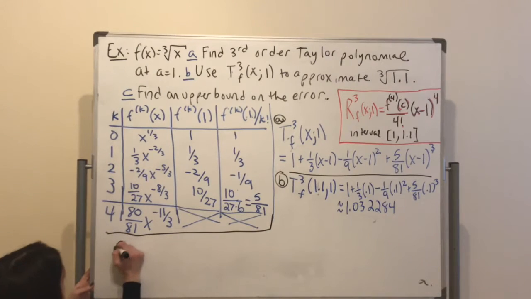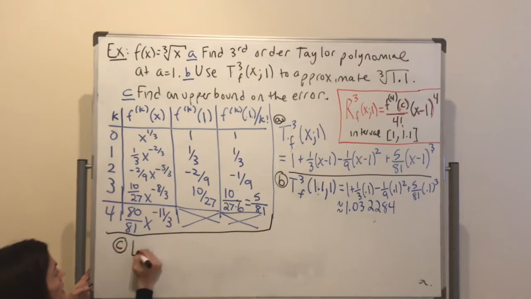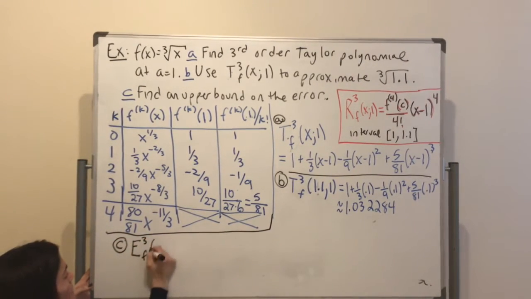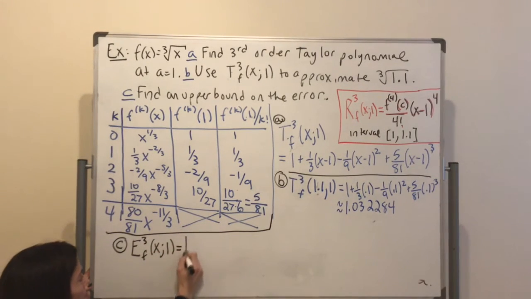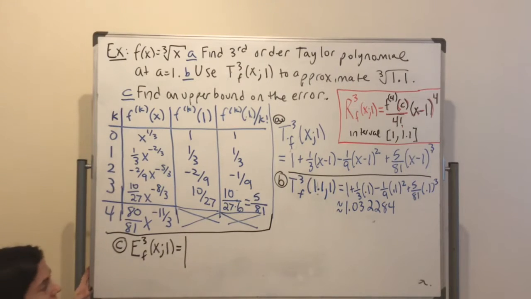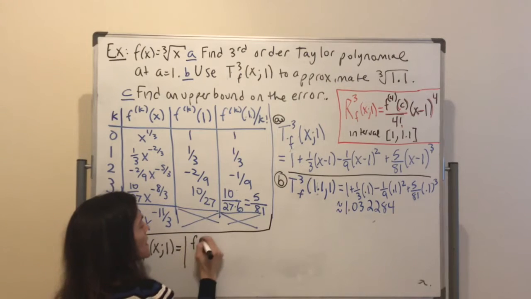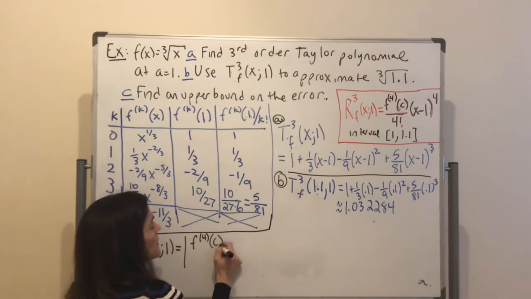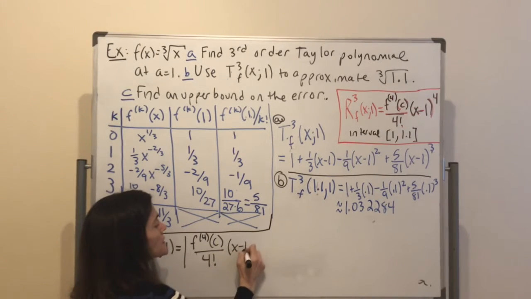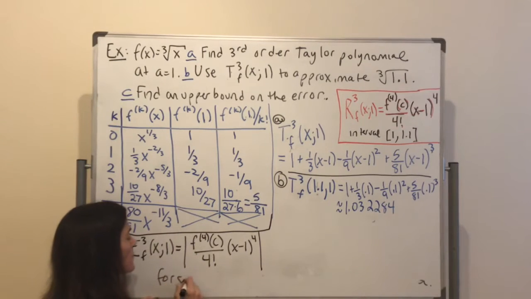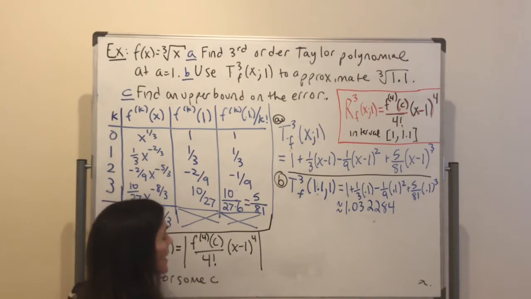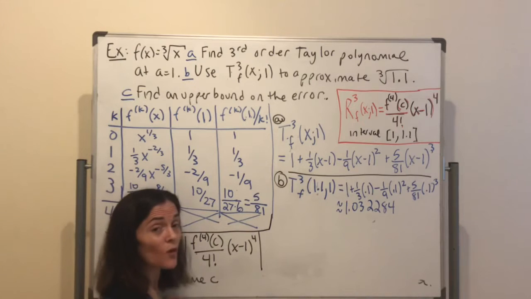Okay, part C, we want E3 of f, x, 1, which is the absolute value of the remainder. And we know the form of the remainder. I'll just recopy. It's the fourth derivative evaluated at C over 4 factorial times (x minus 1) to the 4. And this is for some C. Well, sometimes you're told the interval.